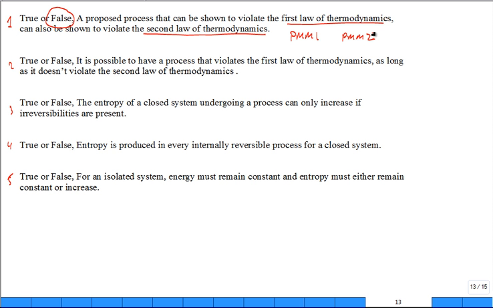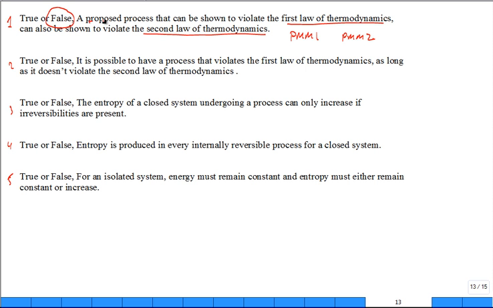Two types of perpetual motion machines. One, they make energy, but maybe can't be shown to violate the second law, they just violate the first law. They make energy. And then the second one is they conserve energy, but they violate the second law.